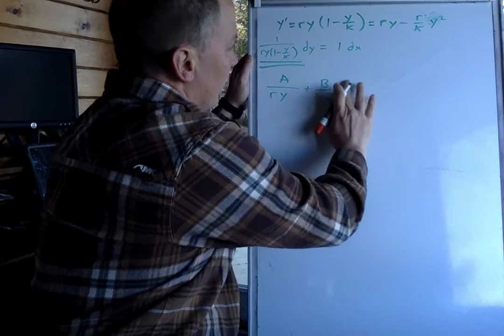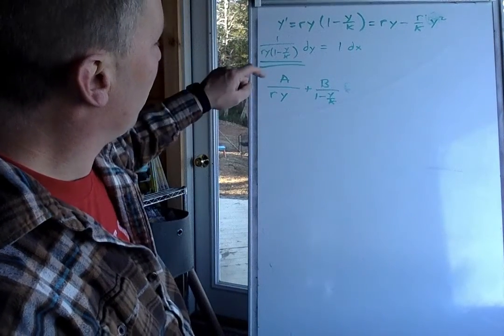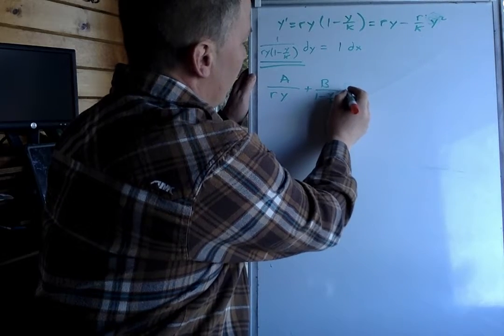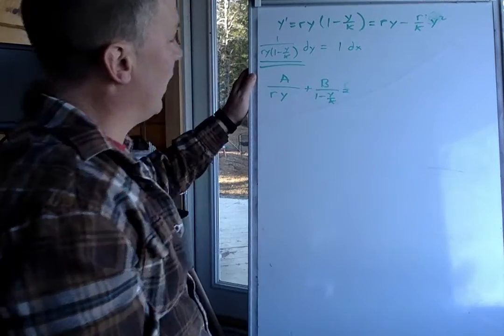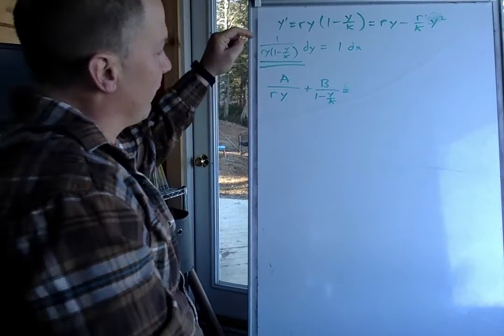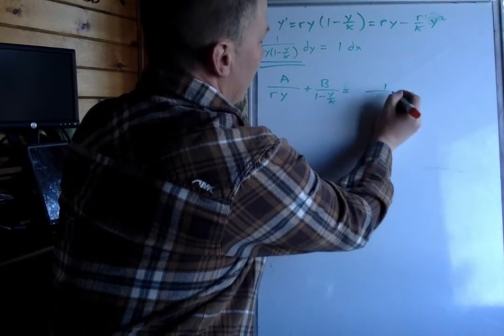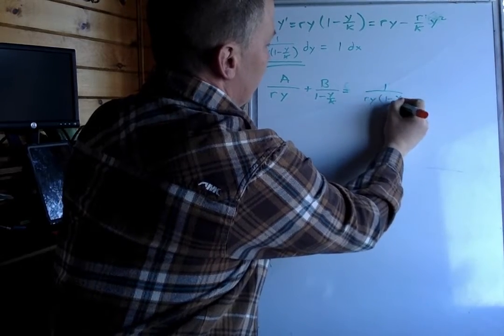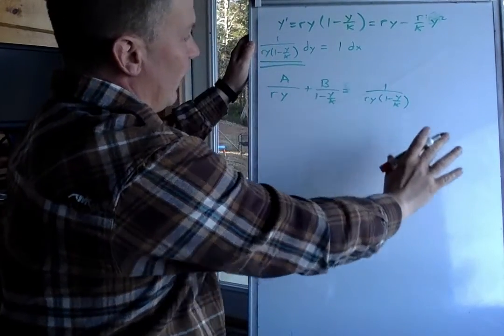The a and the b have to be the same as what's on the top, so that has to all become equal.